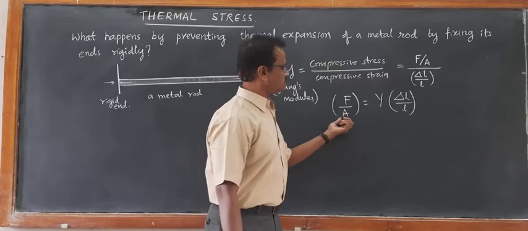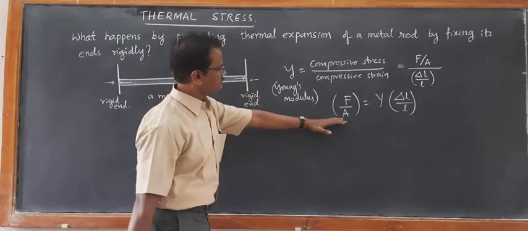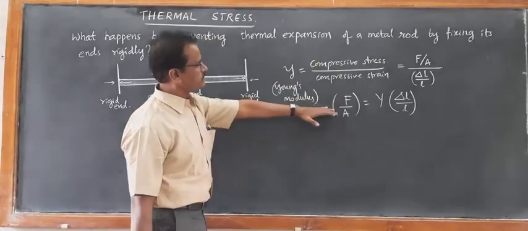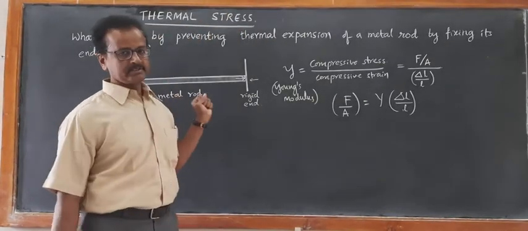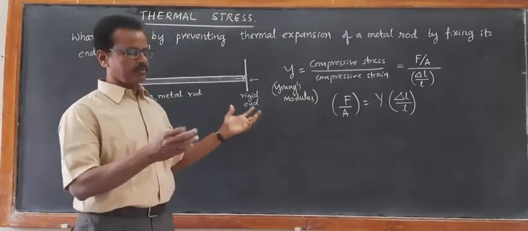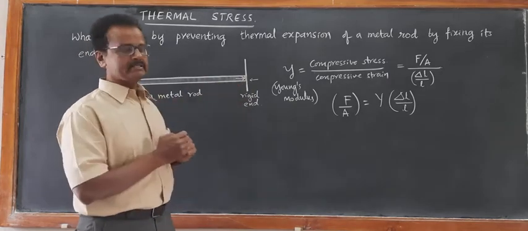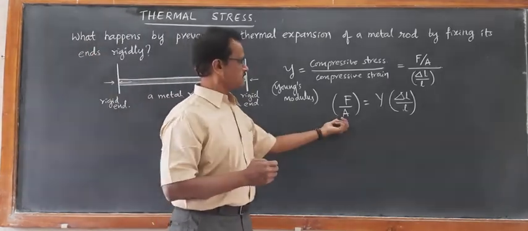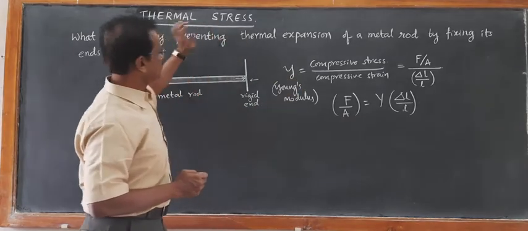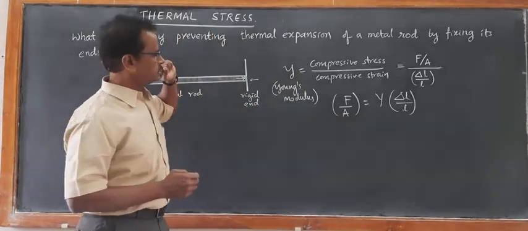This stress is called thermal stress. The stress is compressive stress because of the heating effect. Since it is not allowed to expand, it will be under compressive stress due to the rigid ends. So compressive stress is also nothing but thermal stress due to the heating effect.